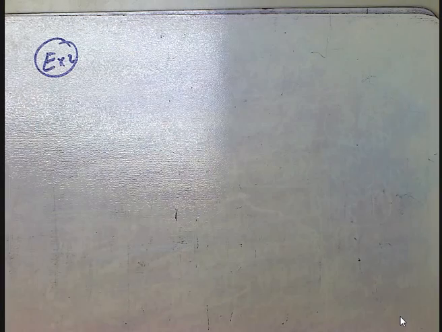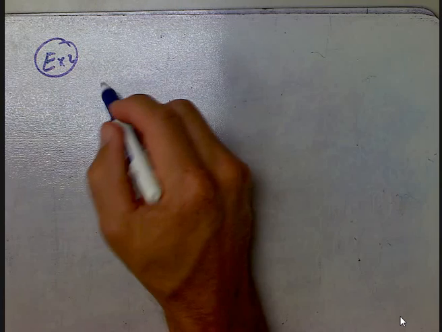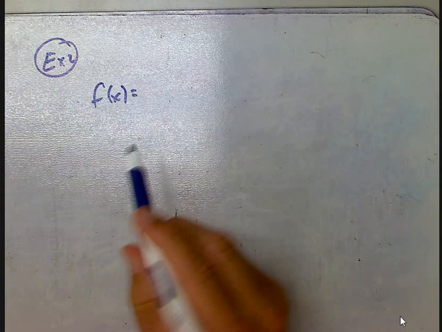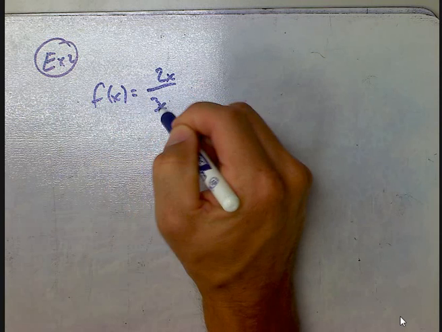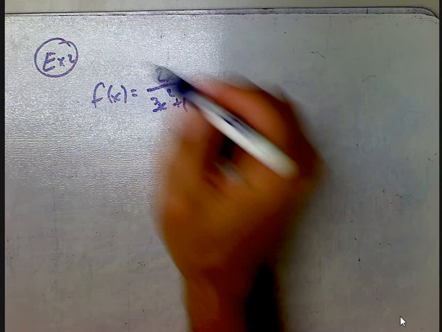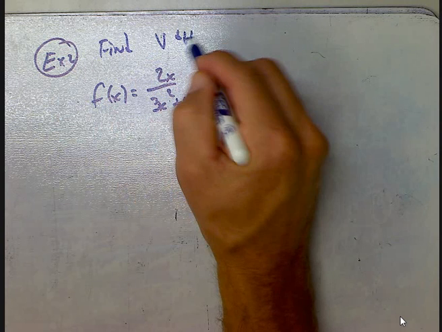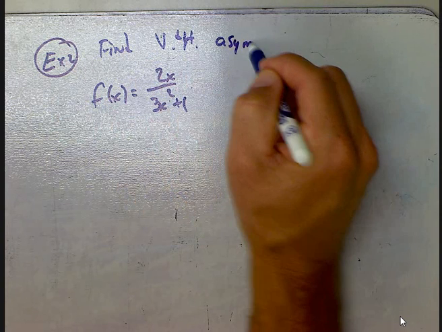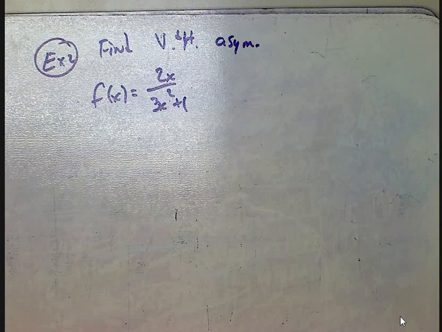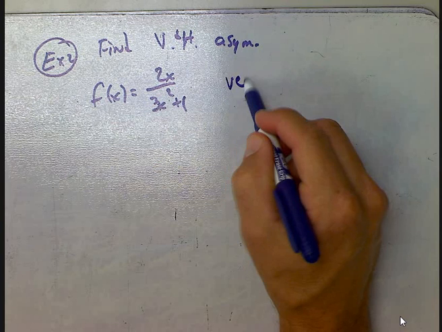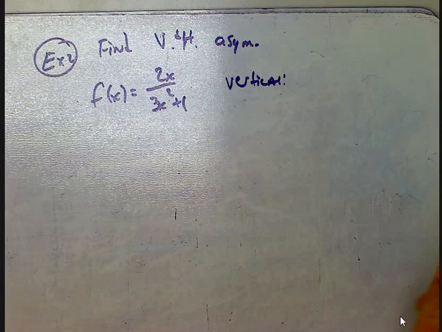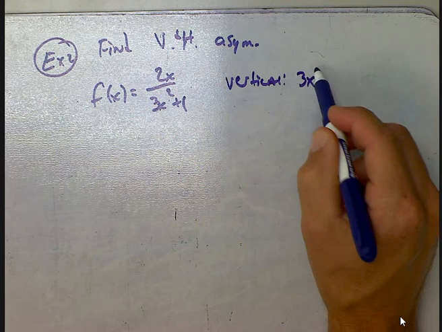So for example 2, we have f of x equals 2x over 3x squared plus 1. Okay, we're going to find vertical and horizontal asymptotes. I'm just going to abbreviate that for the sake of speed. The vertical asymptote, if we recall a second ago, means the bottom equals 0. 3x squared plus 1 equals 0.